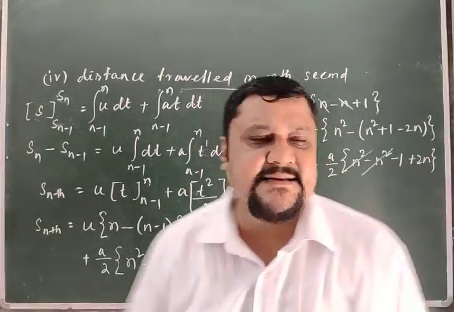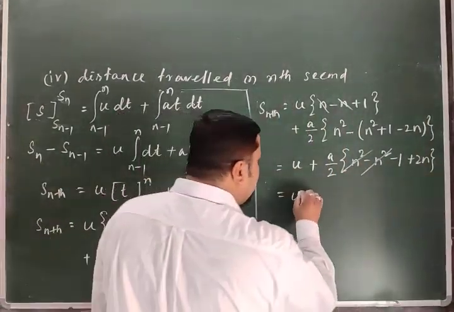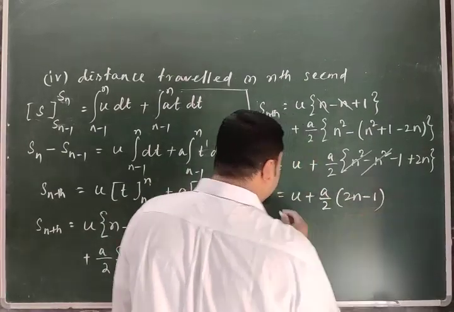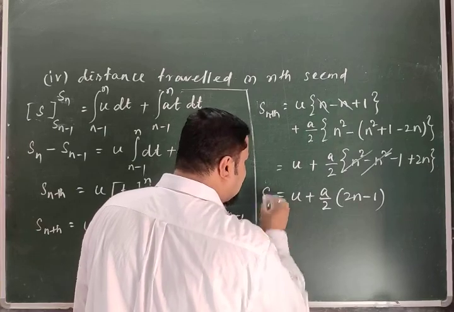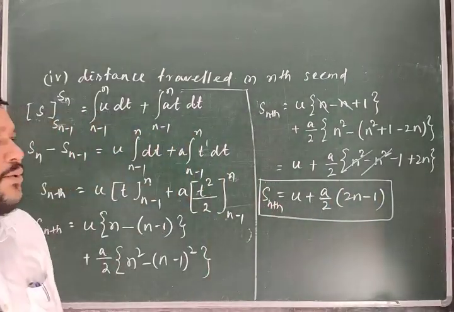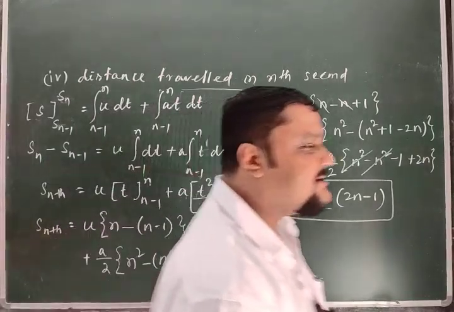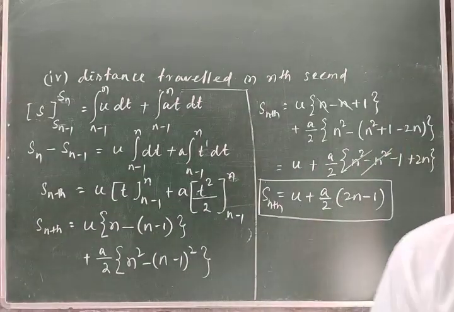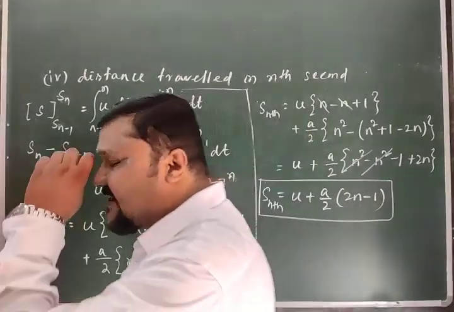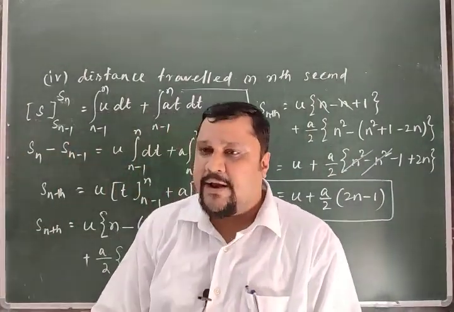So I can write this is equal to u plus a by 2 times (2n-1), and this is S(nth). So the distance traveled in the nth second is equal to u plus a by 2 into (2n-1). Got it, students?